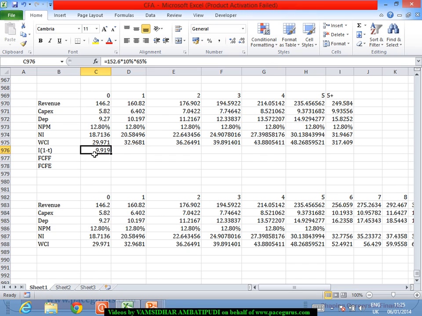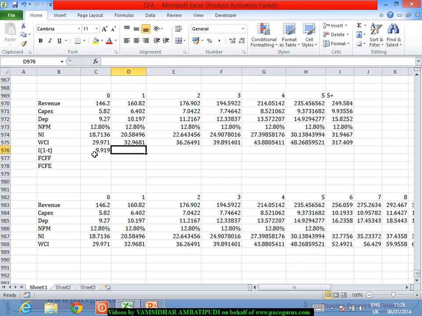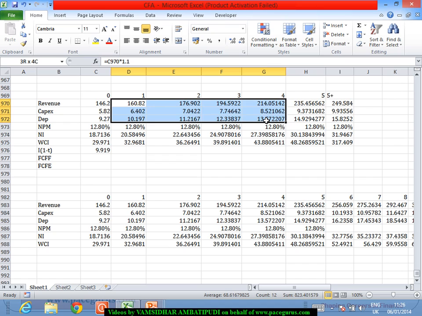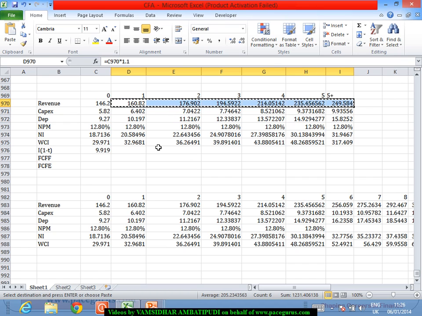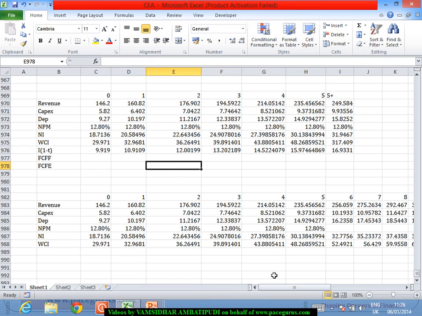So this is the interest into 1 minus T, and it is expected to behave the same way as the above element. So just like the way I have done this, I will do the same for the interest also. The same logic here also I will follow, right?